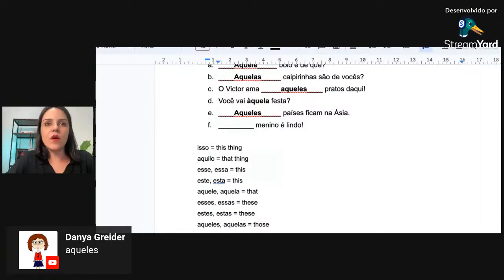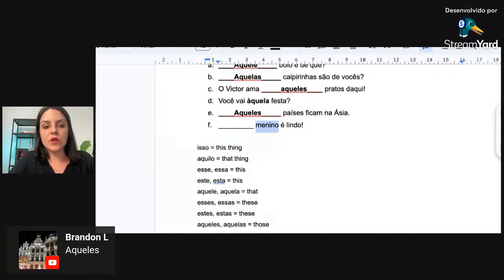Brandon, David, muito bom. And what about menino é lindo? Menino, it's boy. It's a masculine word, and it's in the singular form. Which pronoun should we put here? E aí, galera?